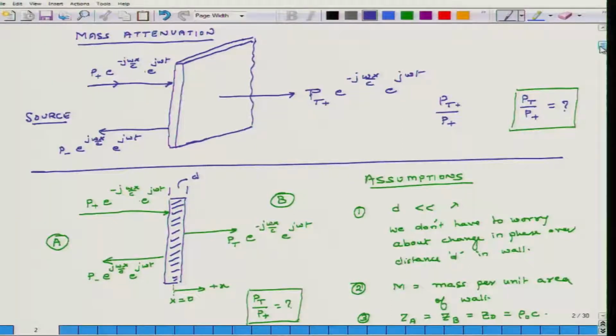So, the first extra condition is at x is equal to 0. So, let us look at this point. At x is equal to 0, the air on the wall, the pressure on the wall, whatever is the velocity of this wall will be the same as the velocity of air on the right side, and it will be the same as the velocity of air on the left of the wall.